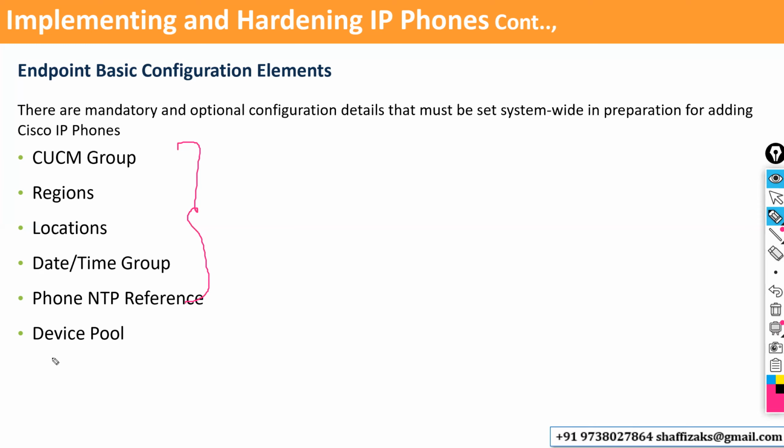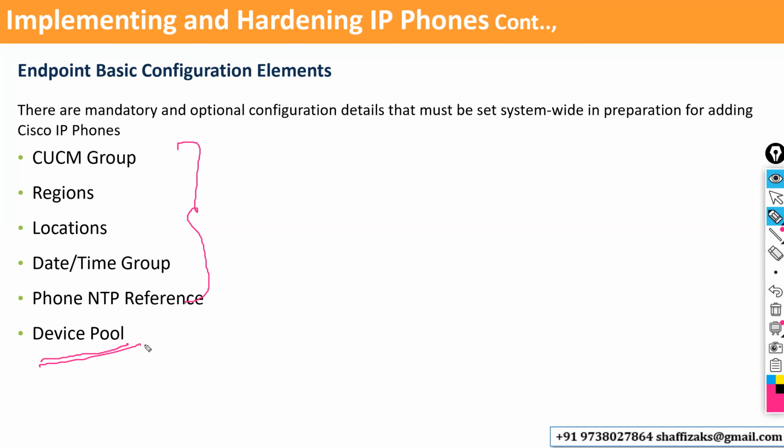No, right? So any common configuration you want to apply to the phone comes under the device pool. What is a device pool? A device pool defines the common characteristics of the IP phone. Example: CUCM group, region, location, date and time group, music on hold, SRST reference. In one single location, all these options will be the same for everyone.